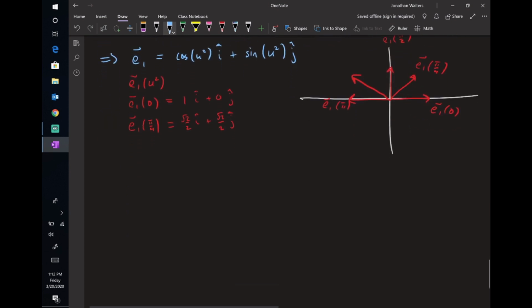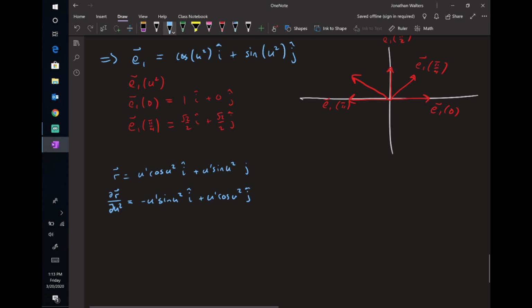So call that r is equal to U1 cosine U2 i plus U1 sine U2 j. Now partial r partial U2 is equal to negative U1 sine U2 i plus U1 cosine U2 j.